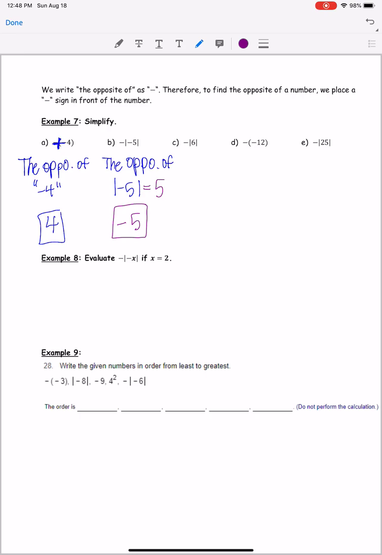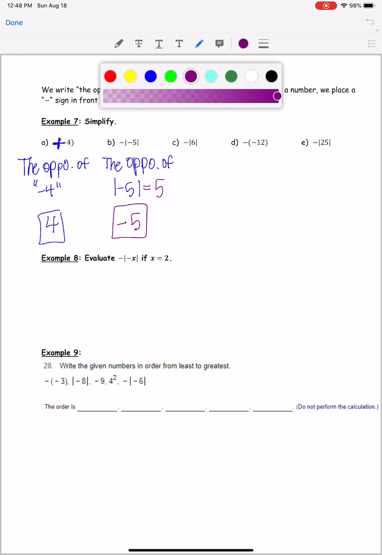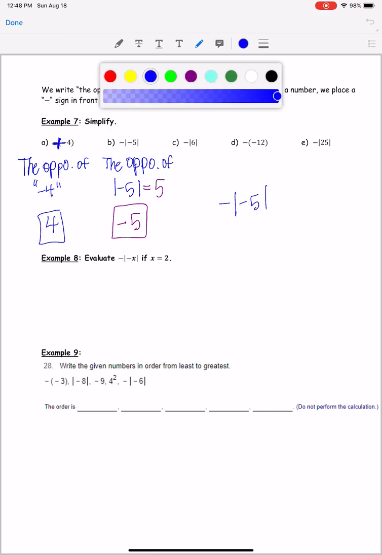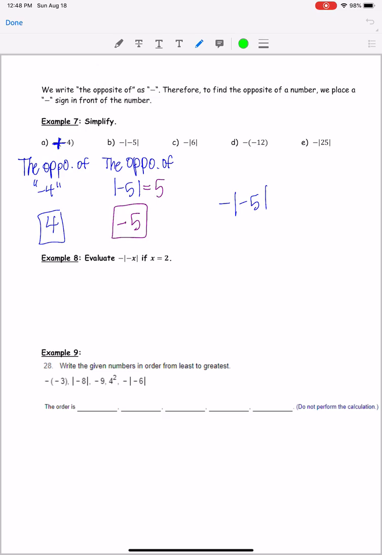Another way to think of that, and I'll do that in a space down here, so I'm going to have to erase it later. When you've got negative absolute value of 5, it's almost like you're not even paying attention to this negative at first. The absolute value of -5 is 5.